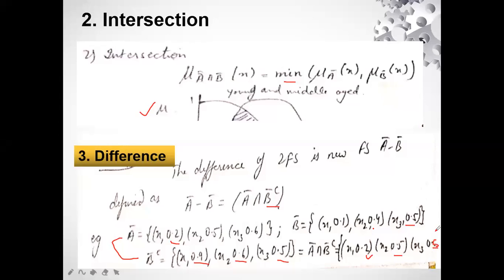Okay, and that is how we get the A bar intersection B bar complement as this value. So what is the difference between A and B? So A bar minus B bar gives the final answer as this one. Okay, so that is it for the difference between the two.